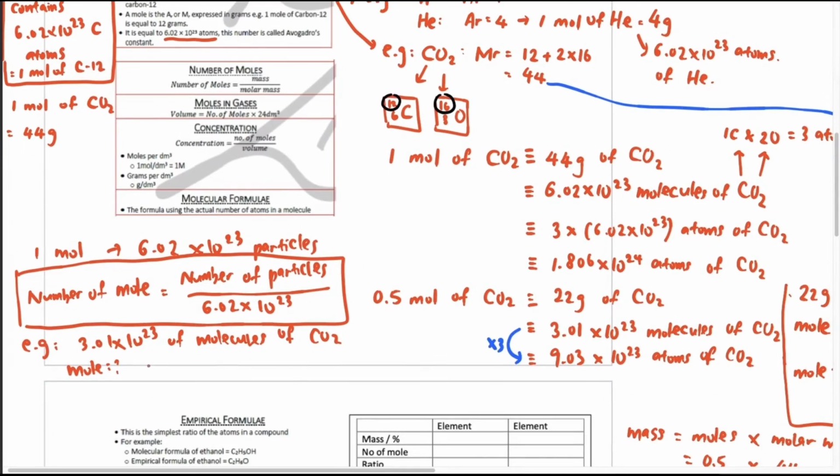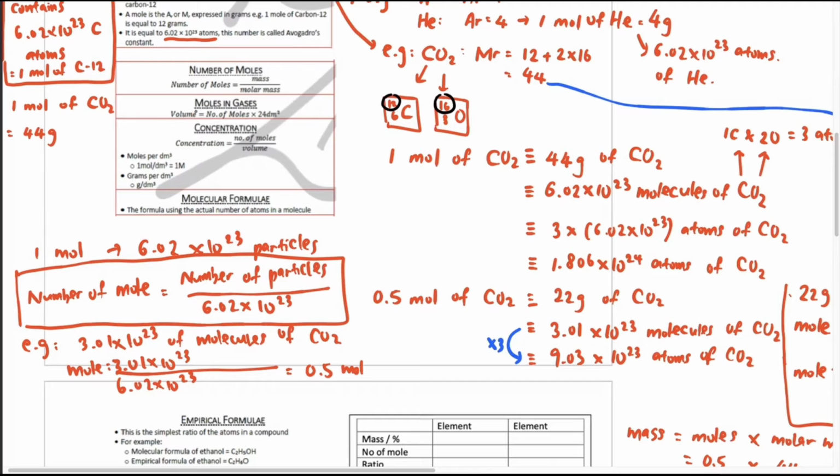To find out the number of mole, you just need to take the number of molecules, 3.01 times 10 to the power of 23, divided by Avogadro, 6.02 times 10 to the power of 23. When you divide, you will get 0.5 mole. So which matches with the information that we discussed here. So this amount of molecules, you divide by Avogadro, then you get the number of mole, which is 0.5. So we have this now.